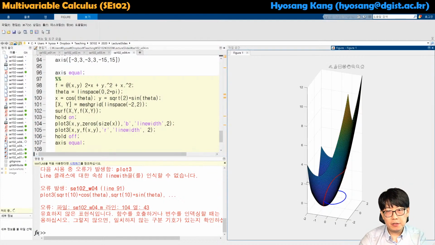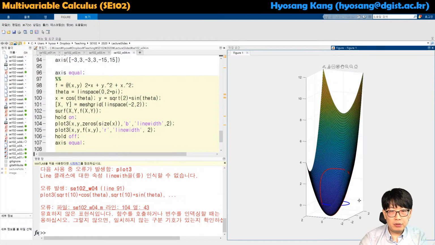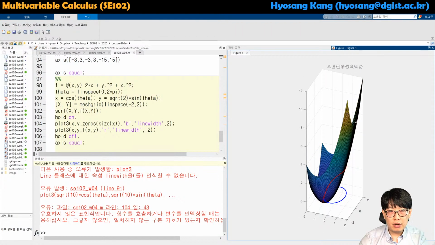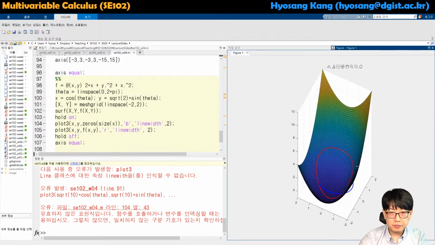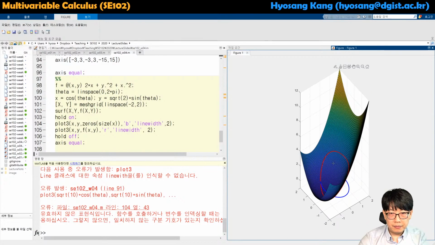When I project that down onto the xy plane, this graph actually goes below the xy plane, so this blue one penetrates this graph. But anyway, the red one projects down onto the blue one, which is an ellipse. We're not looking at the entire graph of the function; we are looking at only the restriction of the function on this blue line. So the red one is the graph of that restriction.